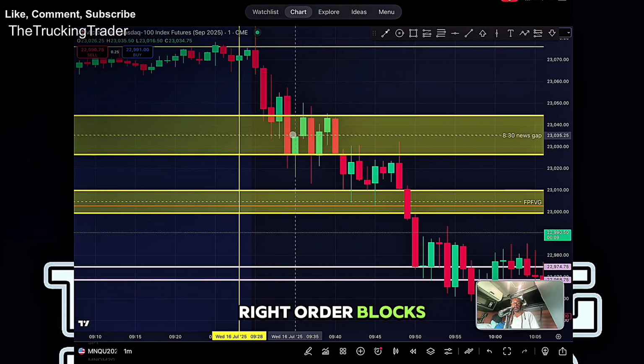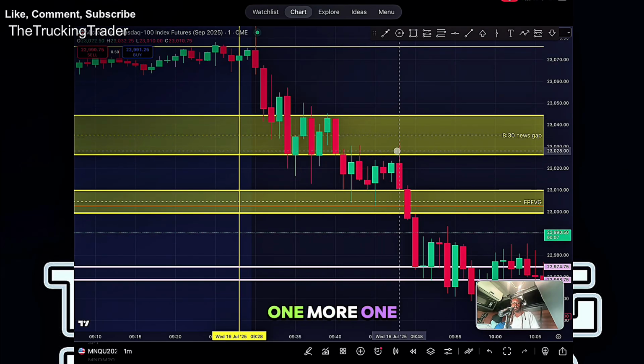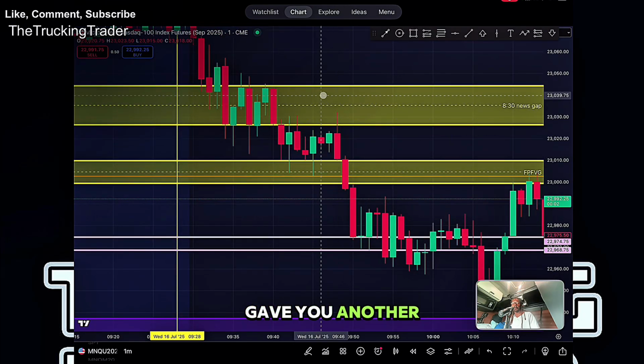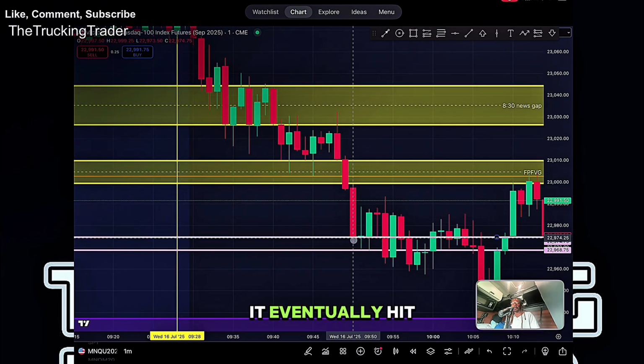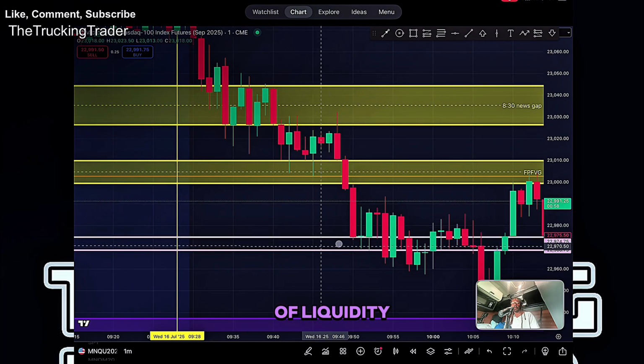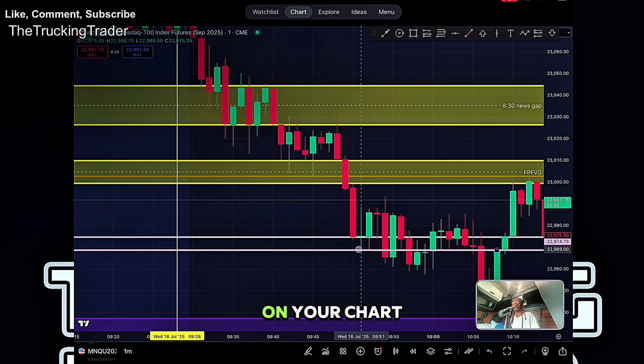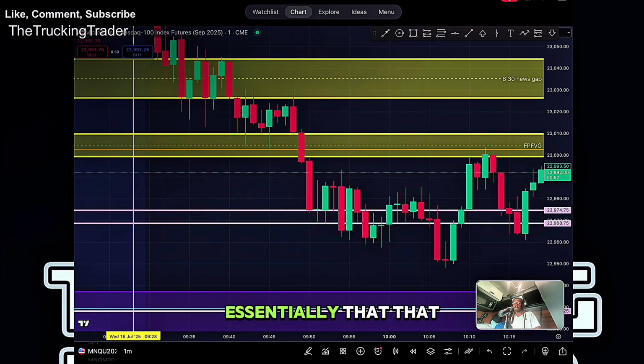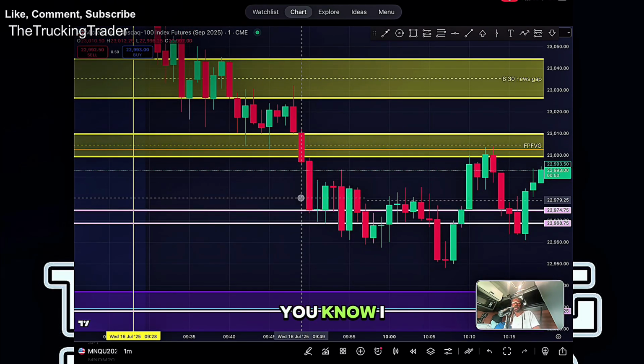Price comes up one last time, sweeping these two equal highs up here, gave you another sell-off before it eventually hit the two areas of liquidity that would have been marked out on your chart, but it was on my chart. And then essentially that was it.